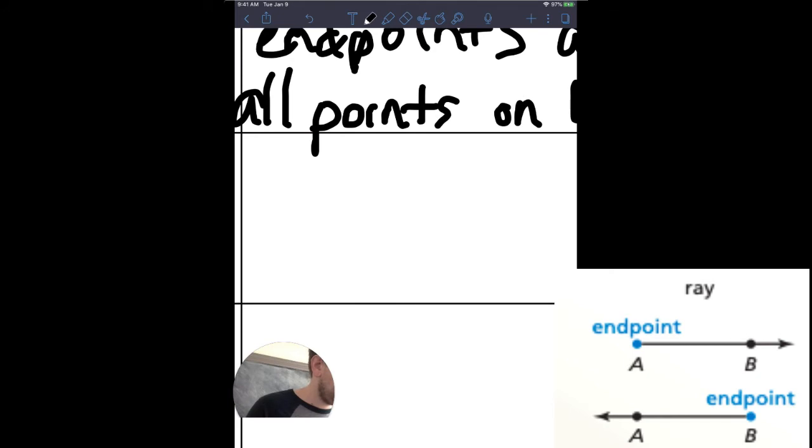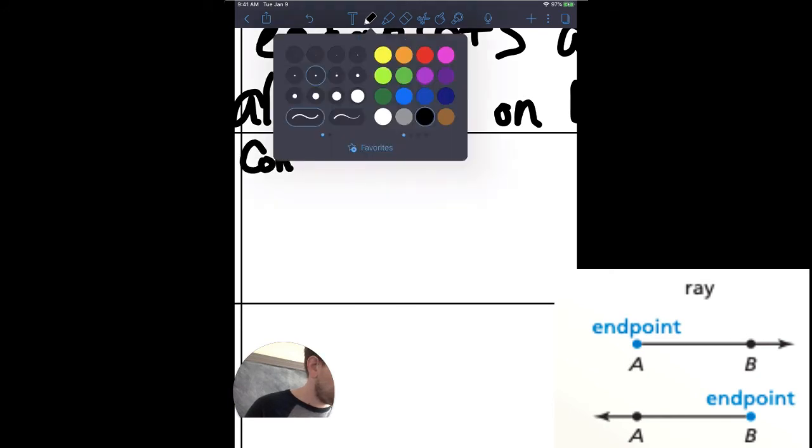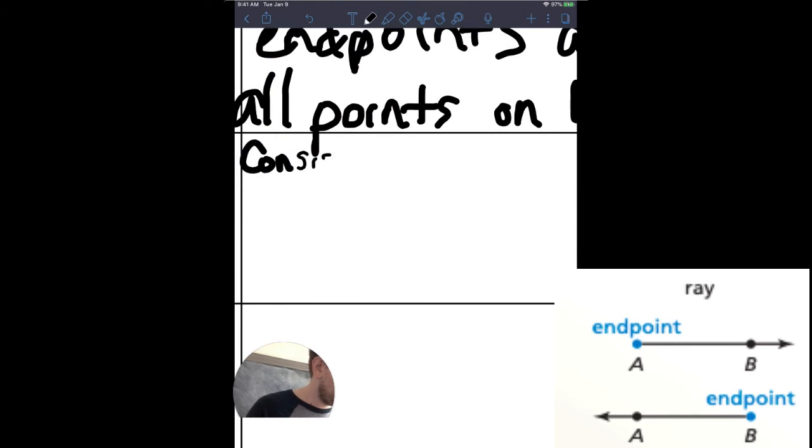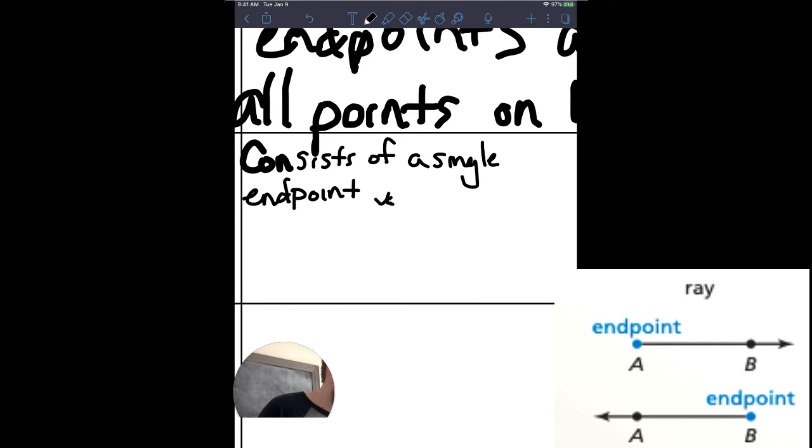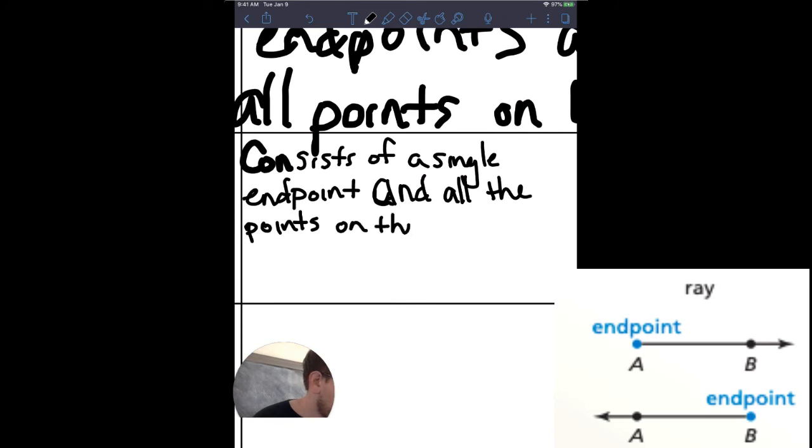A ray consists of a single endpoint and all the points on the line that lie on the same side of that endpoint.